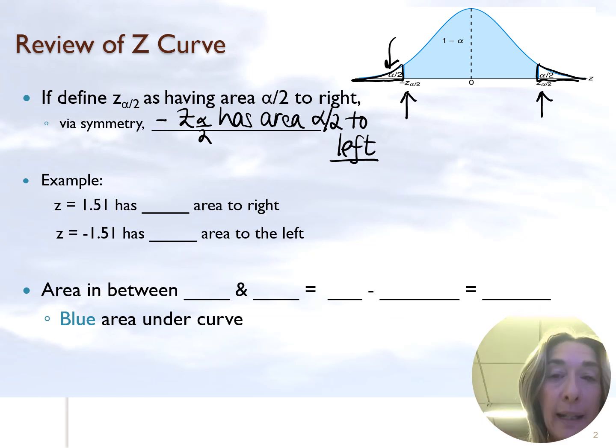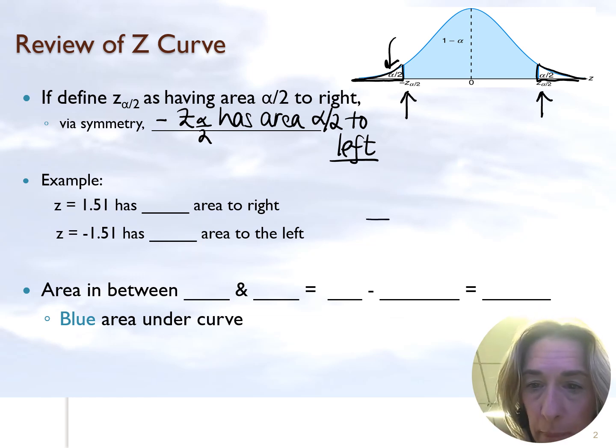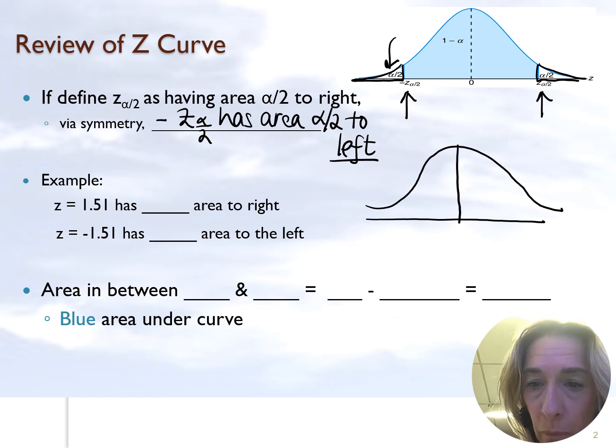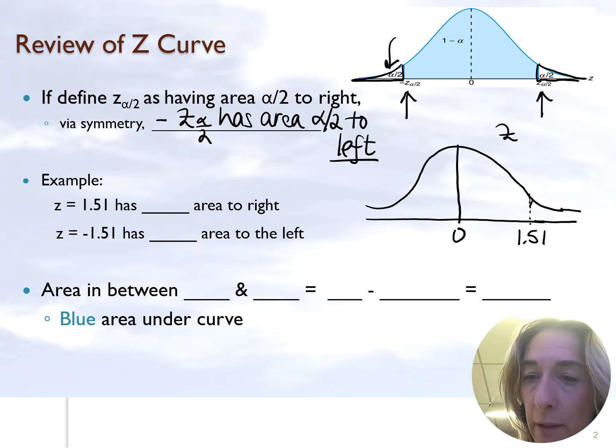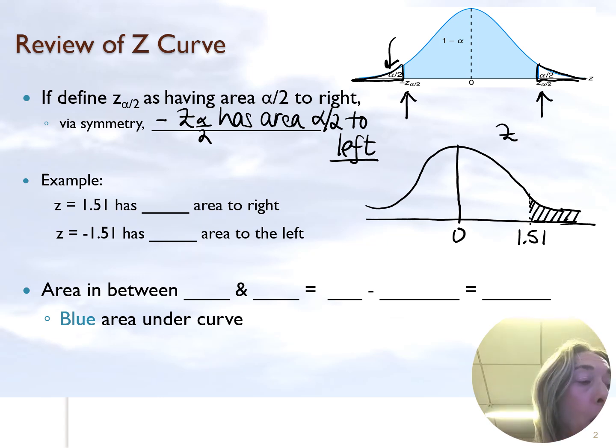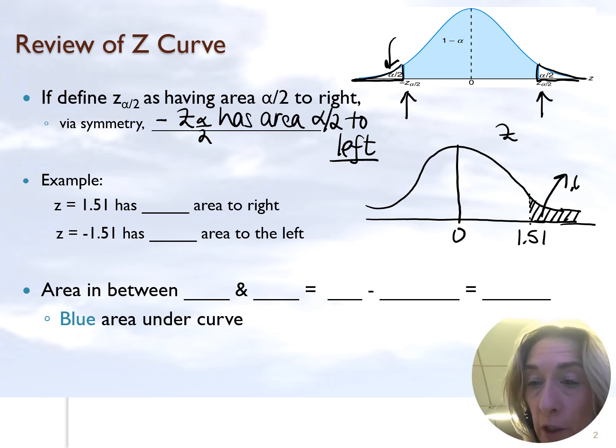Okay, so let's do an example of this. Draw a picture. It helps a lot. This is the Z curve. If you use the probability table for Z, you can determine that a Z value of 1.51 has an area of 0.0655 to the right.